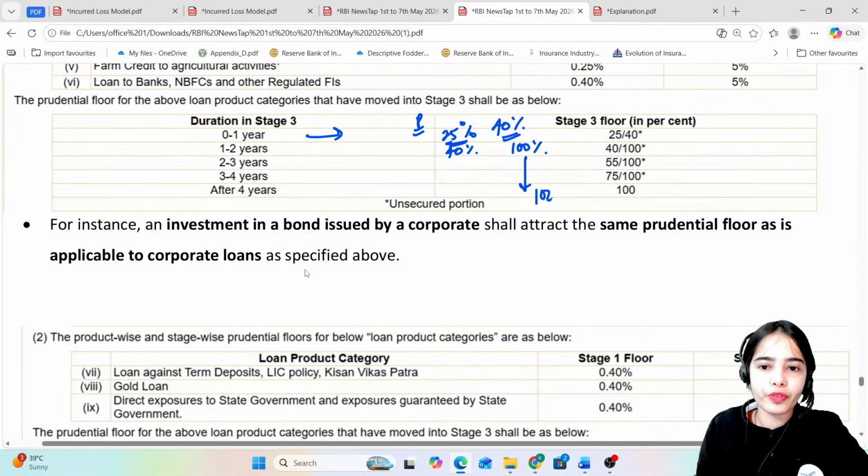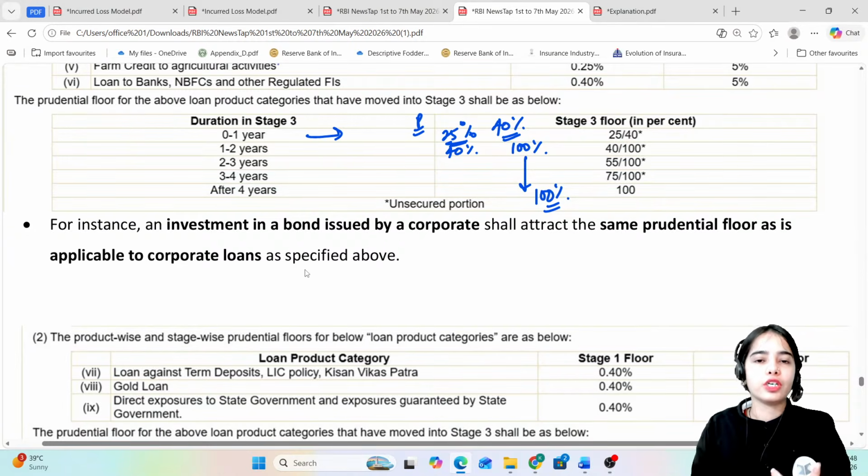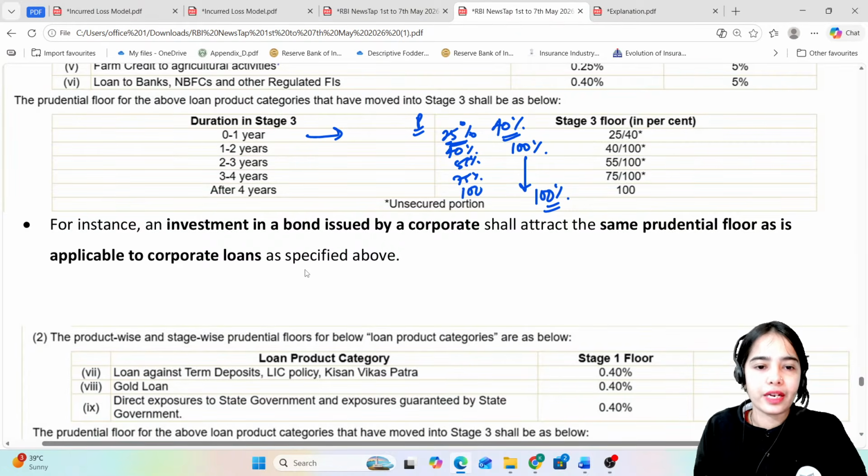For the secured loan, provisions will increase slowly so that the bank has some room to increase the provisions, 55%, 75%, and then 100%.